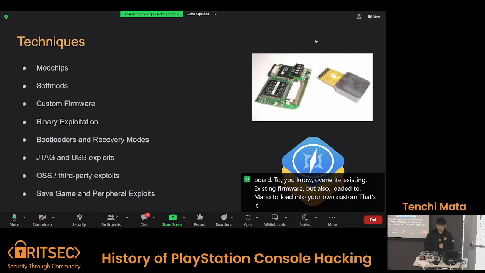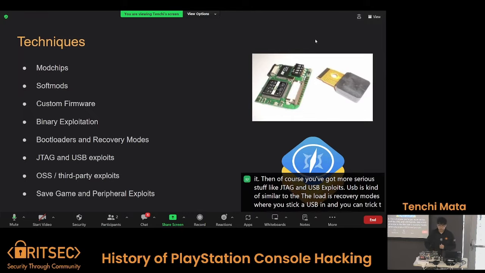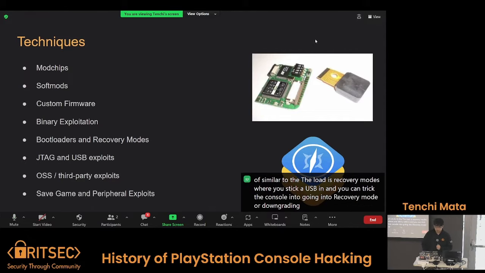Then of course you've got more serial stuff like JTAG and USB exploits. USB is kind of similar to the bootloaders and recovery modes, where you stick a USB in and you can trick the console into going into recovery mode or downgrading the firmware.